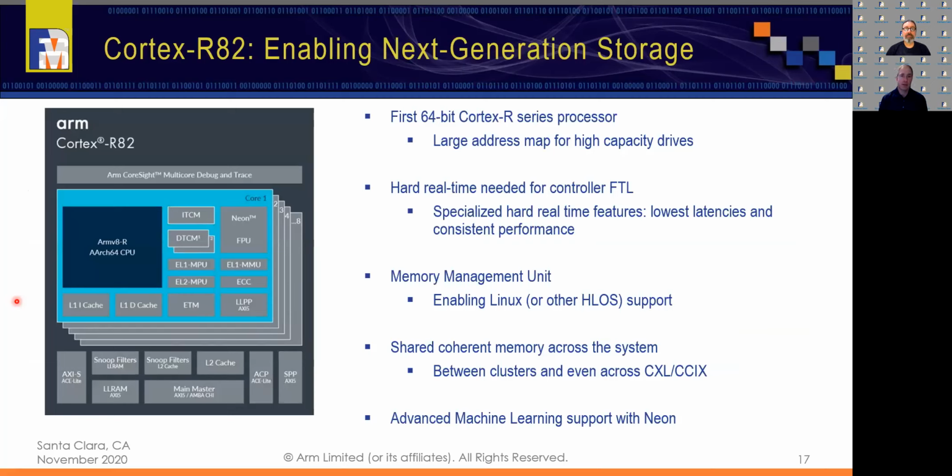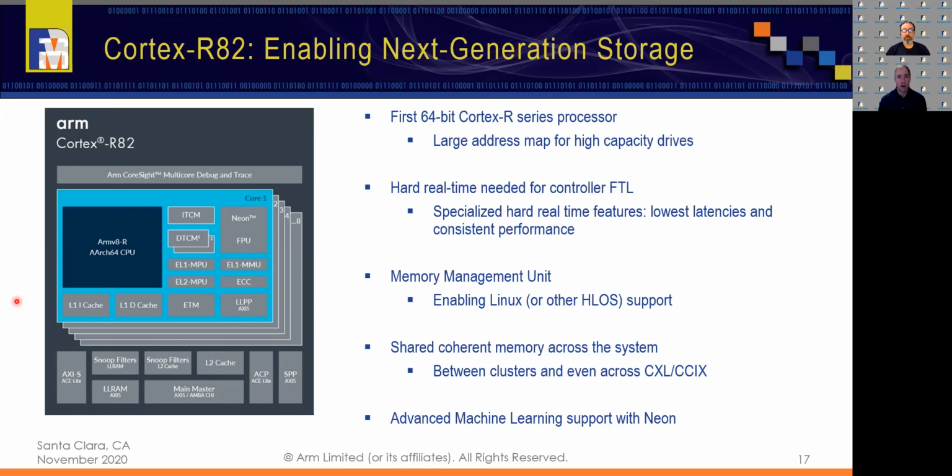So I'd like to introduce to you the Cortex-R82. This is a new processor from ARM. It is a real-time CPU with a very large address space. It's a 64-bit processor with a 40-bit physical address that enables addressing large address maps. And this is especially useful in storage devices where, as I just mentioned, 16 gigabytes of DRAM needs to be addressed along with all the other peripherals and devices and accelerators in the system.